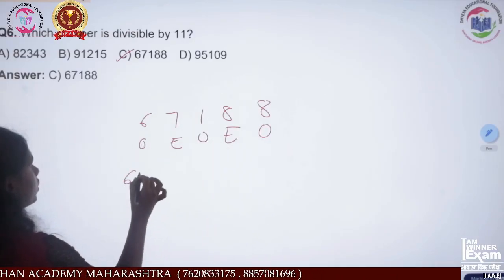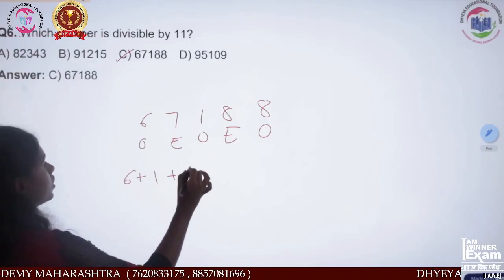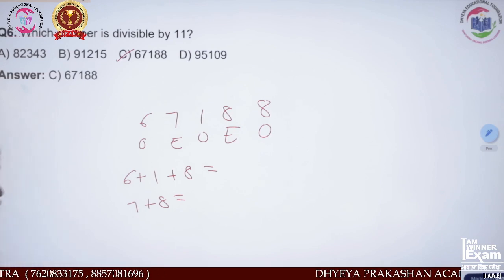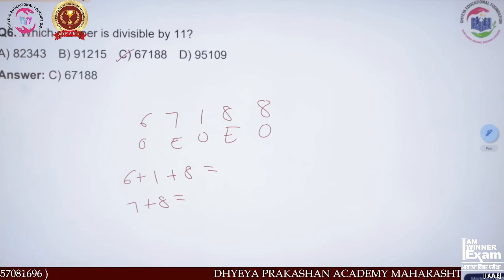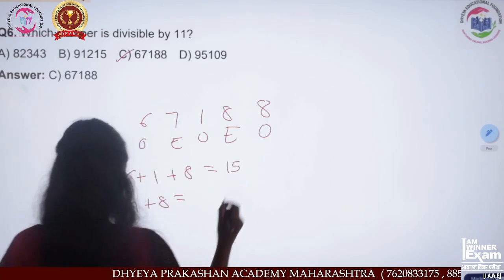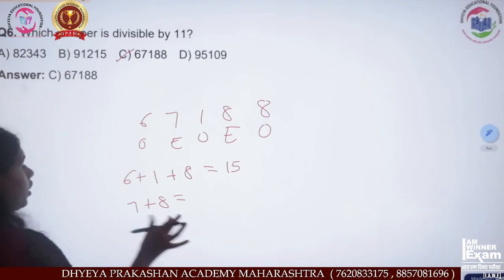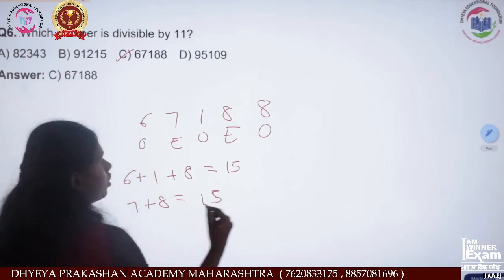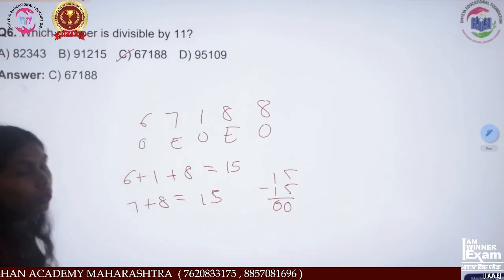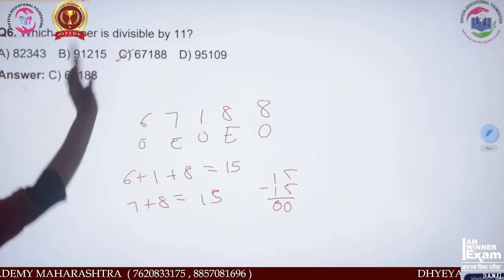Taking the odd ones separately, 6 plus 1 is 7, 7 plus 8 is 15, and 7 plus 8 again is 15. If you do 15 minus 15, you will get the remainder as 0. This means this number is divisible.